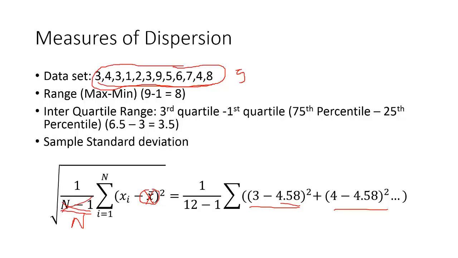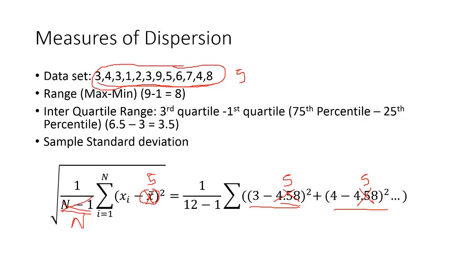But also out here, you would not substitute 4.58, you would be substituting 5. So in each of these places, you would be substituting 5, which is the true mean. We call that the true mean, and we call 4.58 the sample mean, because 4.58 you calculated from this data, whereas 5 is something that you knew on principle, or you were able to use some other source to know what the true mean was.